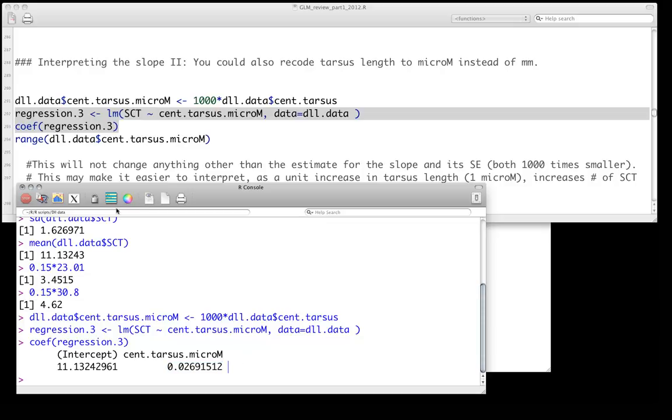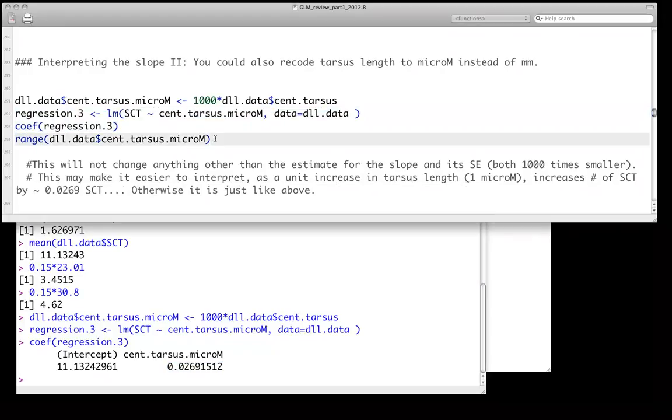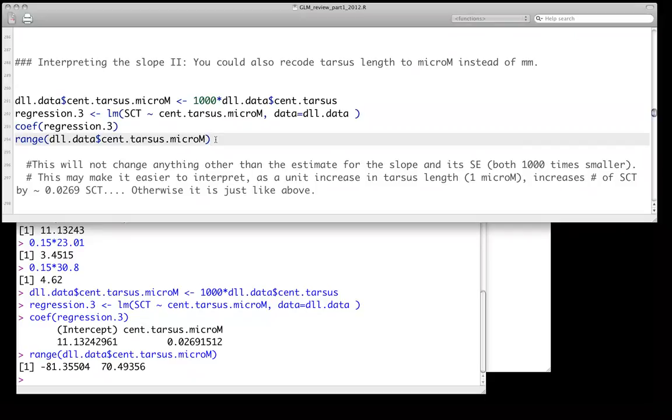And then we can ask, again, with the range in micrometers being, because of course it's centered, from negative 81 to 70, but over a range of essentially 150 micrometers, what do we expect? We multiply 150 micrometers by our slope, and we would actually get essentially the same results as we saw above from just thinking about it in terms of the units.